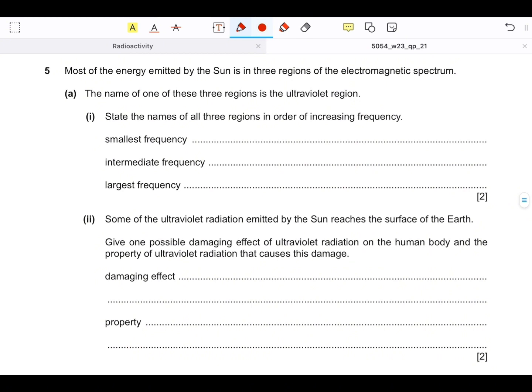Next question. Most of the energy emitted by the sun is in three regions of the electromagnetic spectrum. The name of one of these three regions is the ultraviolet region. State the name of all three regions in order of increasing frequency. Now, the smallest frequency that we can have is IR, or infrared light.